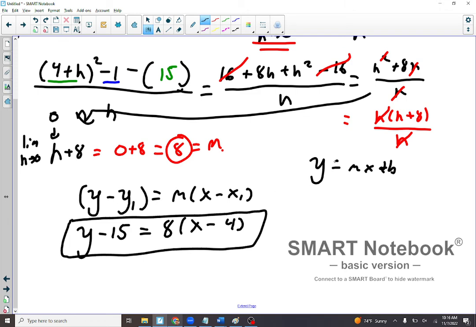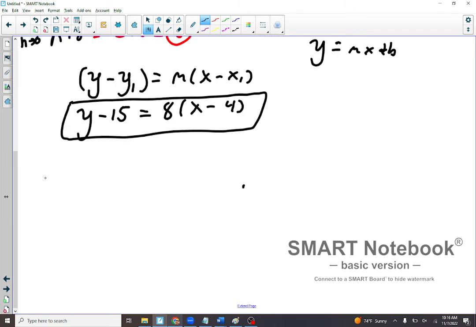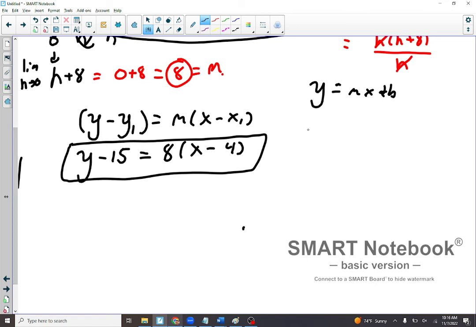If you want to do y equals mx plus b, you're going to have to plug in all your values and find b. So 15 equals 8 times 4 plus b. 8 times 4 is 32. Subtract 32 on both sides.